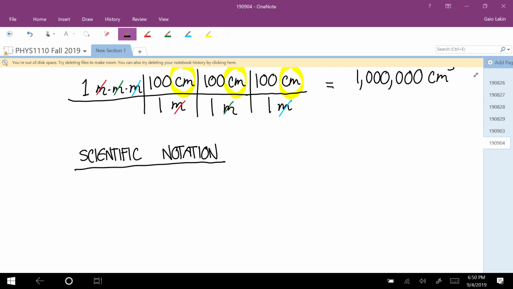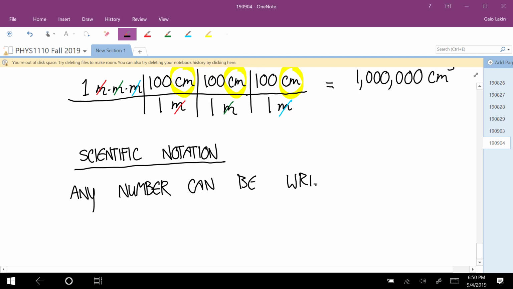And the idea of scientific notation is any number can be written as plus or minus, so the sign stays the same in either of these formats.